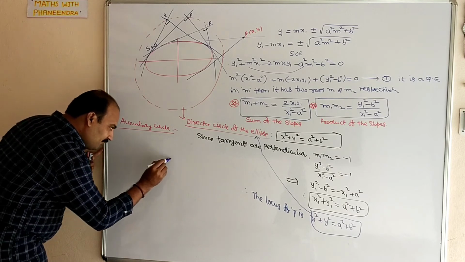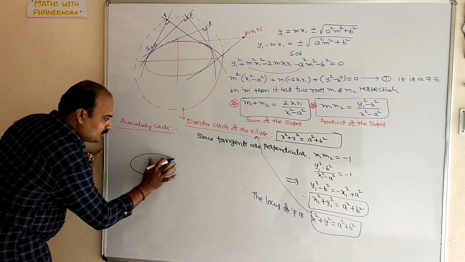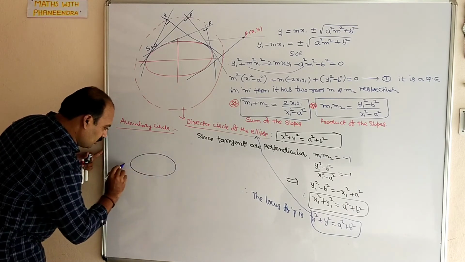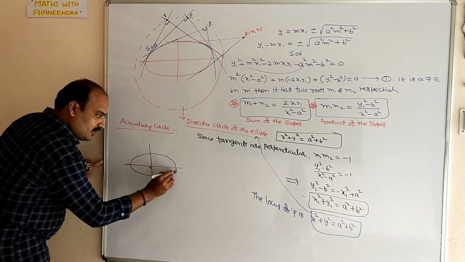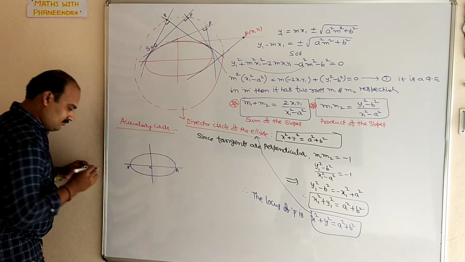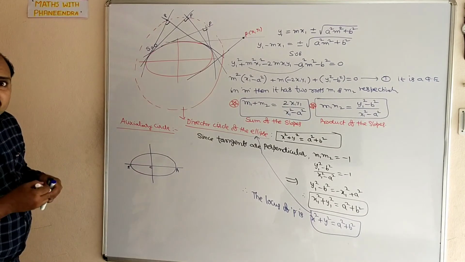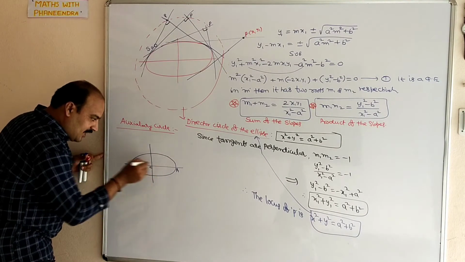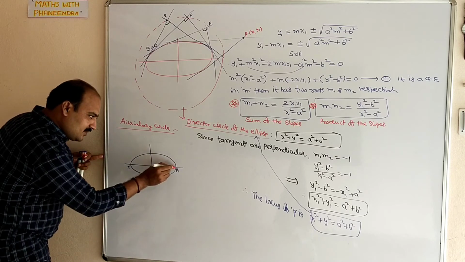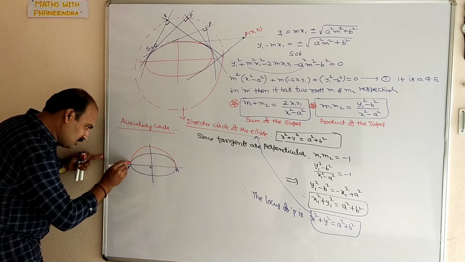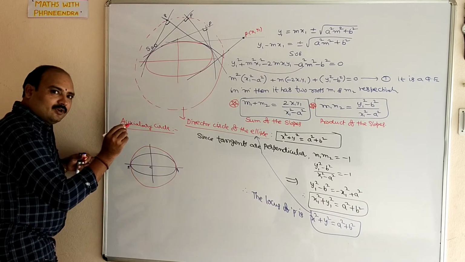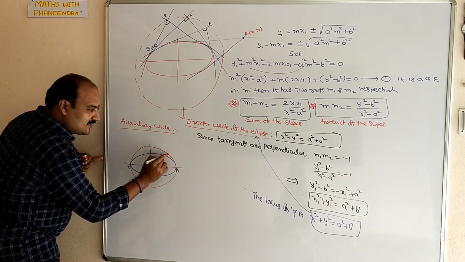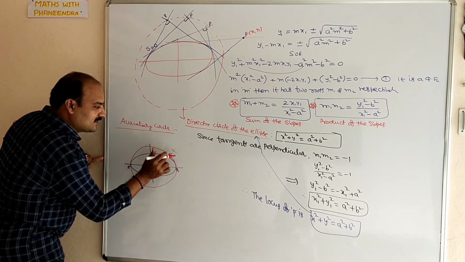Observe the figure. This is the ellipse equation. Center, A dash. The circle which is described on the major axis, A dash being the major axis, of an ellipse, this equation is called the auxiliary circle.